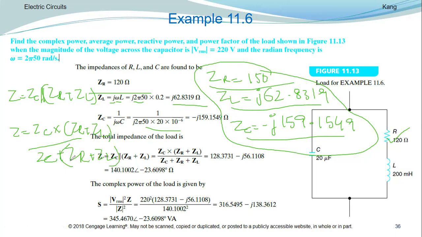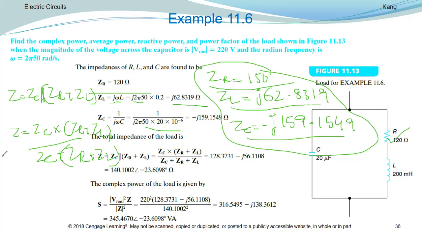So this is how we find the value of Z for the system. So the value of Z will be this one.